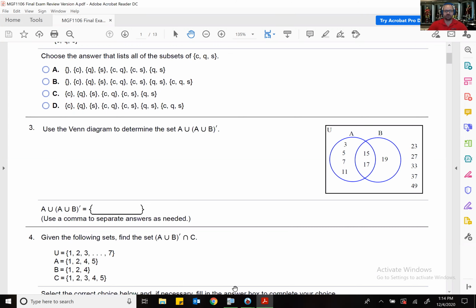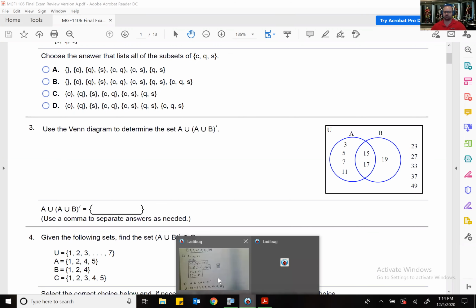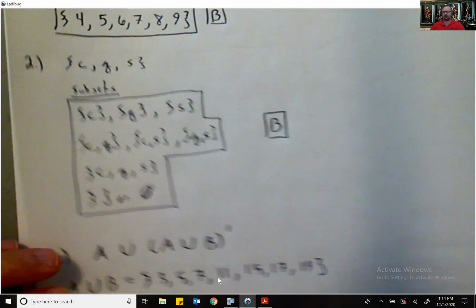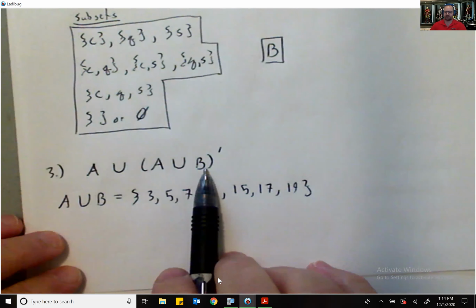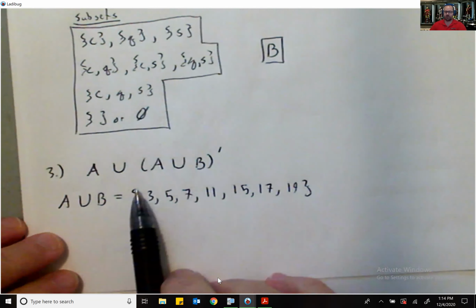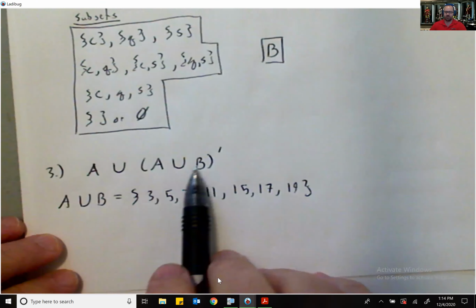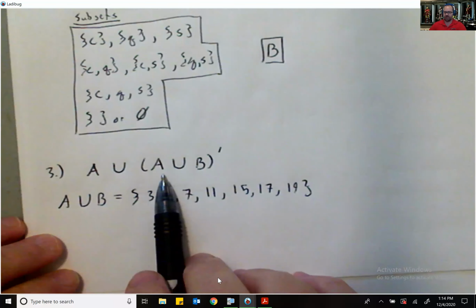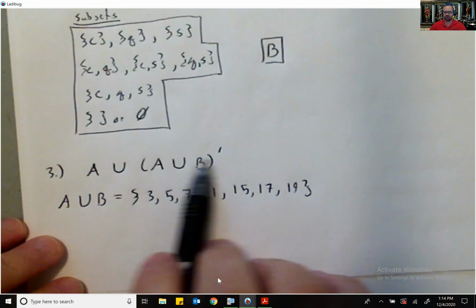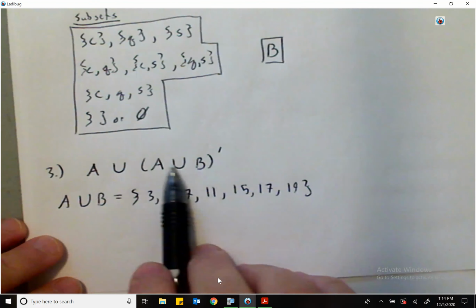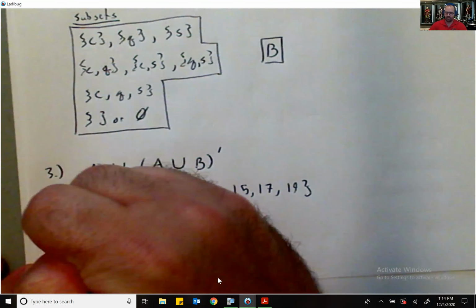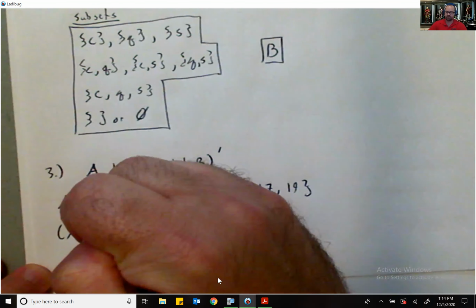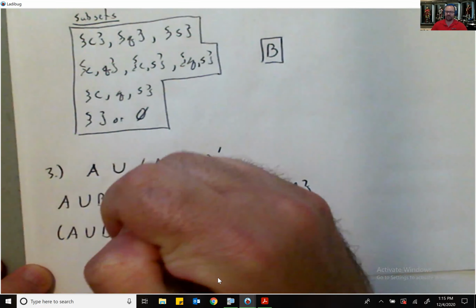So now we've completed the parentheses, and we're going to work on the outside. The next thing you're going to work on is what we call the complement. Do I have any complements out here? Yes, the apostrophe. So we want the complement of this set.